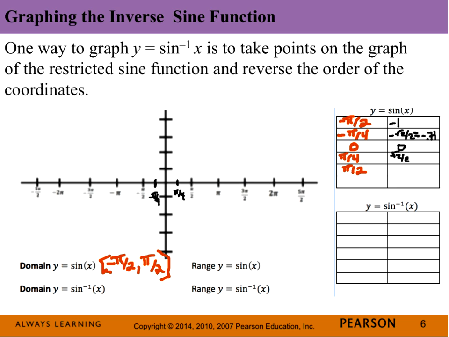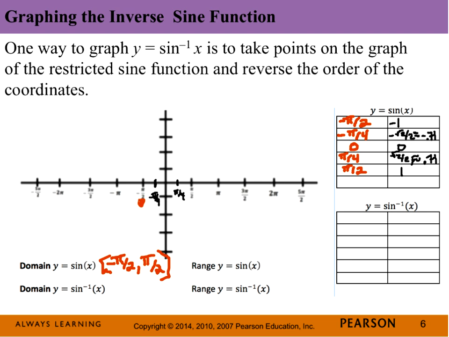The sine of 0 is 0, and the sine of pi over 4 is positive square root 2 over 2, which is approximately 0.71, and the sine of pi over 2 is positive 1.